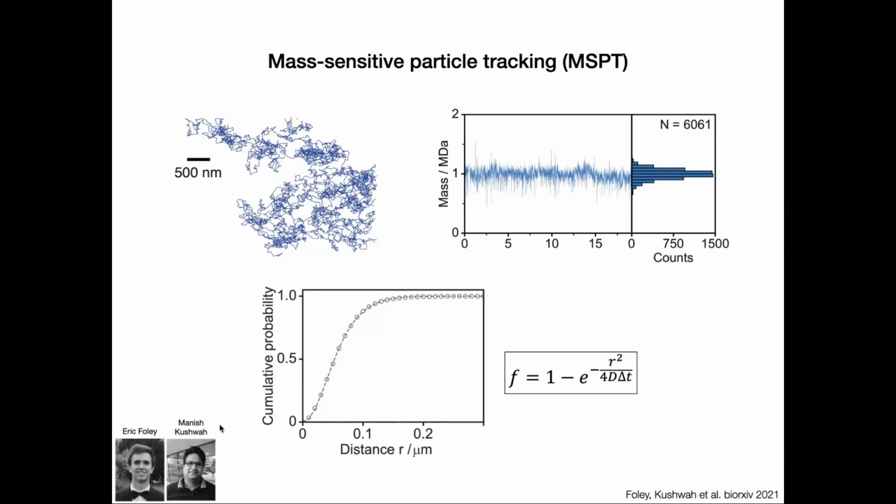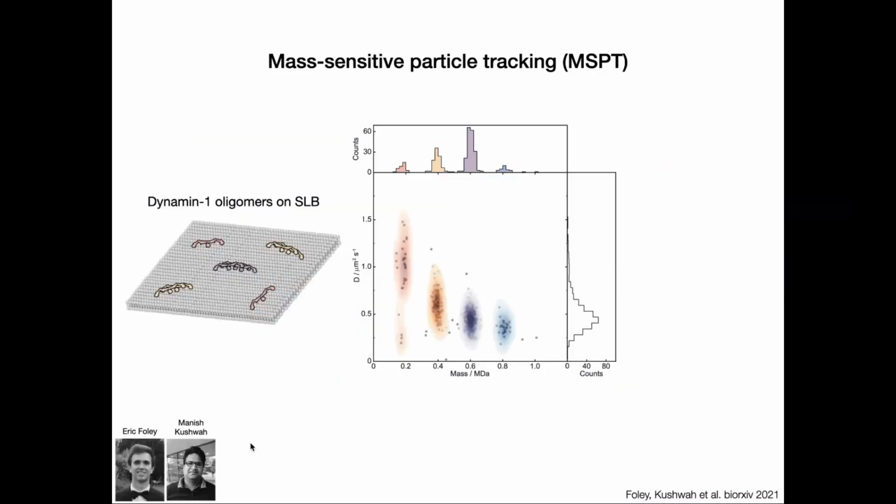So Eric and Manish from Philip Kukura's lab have done this and used this approach to investigate a protein called dynamin, which is known to form oligomers on lipid bilayers, and they have tracked many of these particles, and for all of these particles determined both the mass and the diffusion coefficient, and plotted these two characteristics in a 2D map that is shown here.